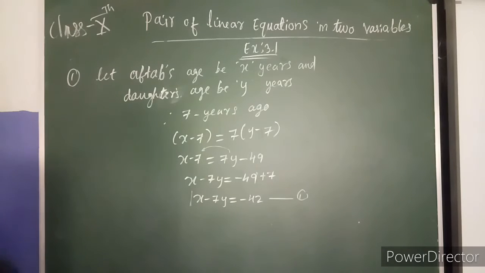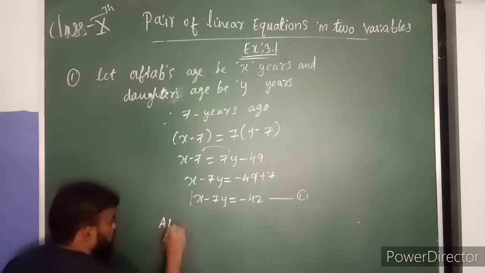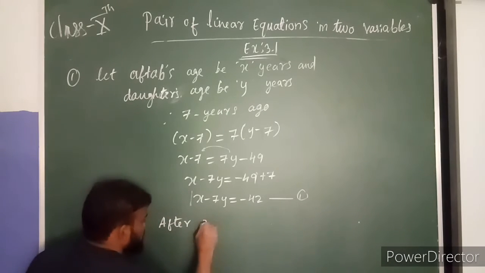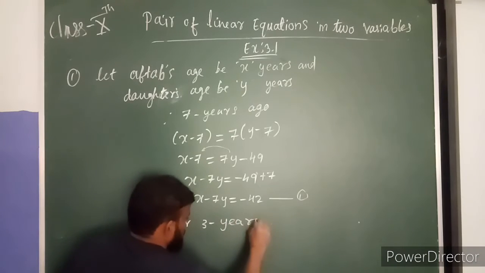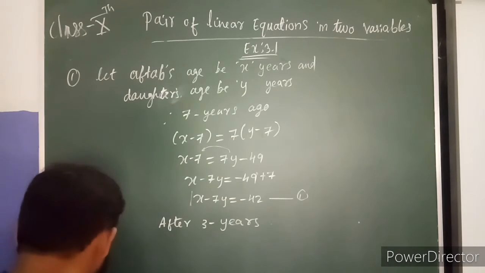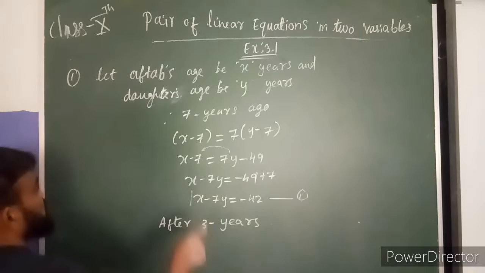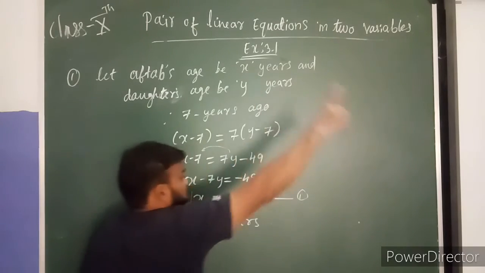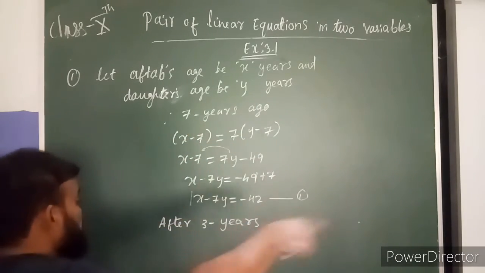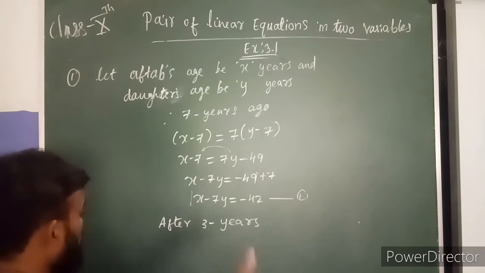After that, what has he told? After 3 years, I will be 3 times as old as you. So x plus 3 is equal to 3 times (y plus 3), that is 3y plus 9.